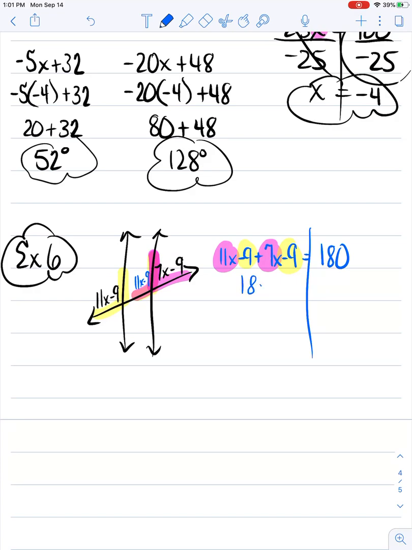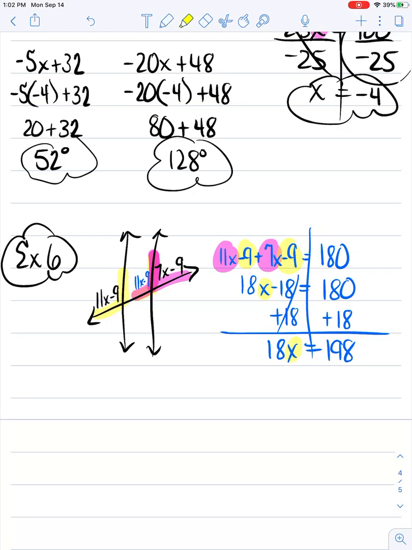So I've got 18x minus 18 equals 180. Next I want to add 18 to both sides to get 18x equals 198. And then I need to divide both sides by 18. So x equals 11.